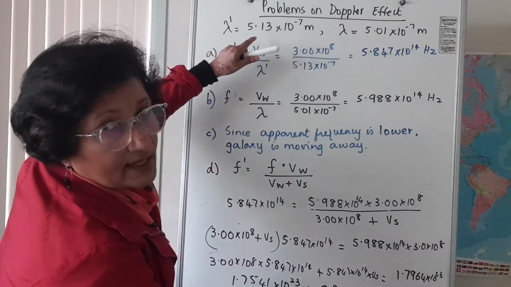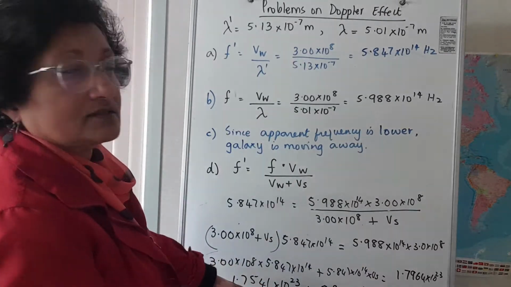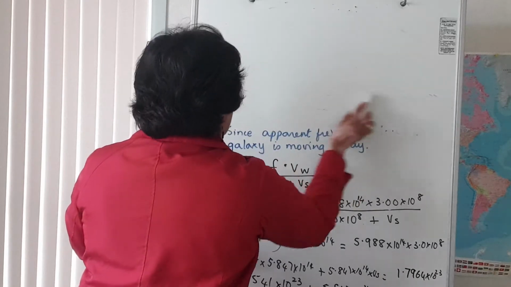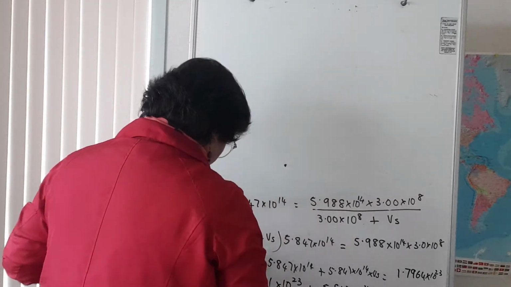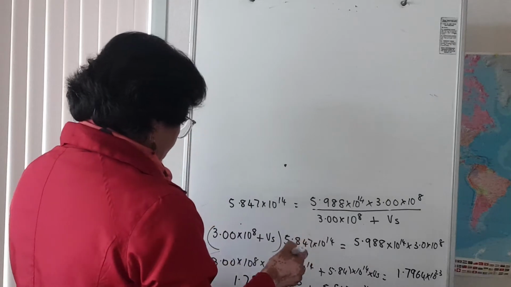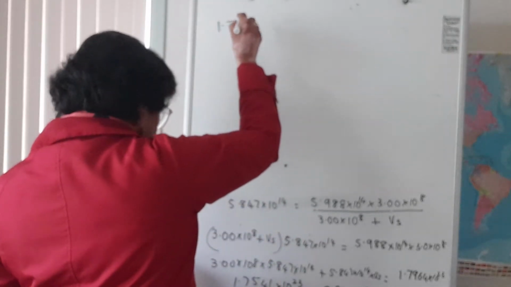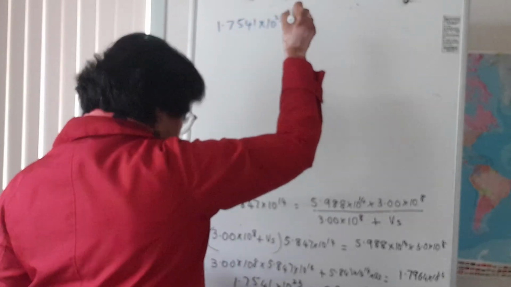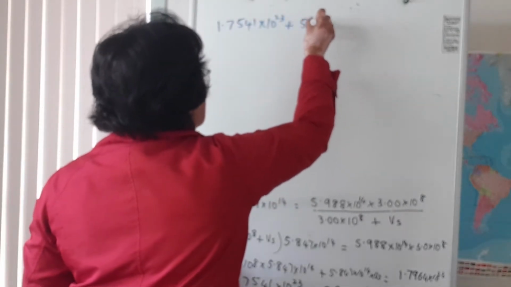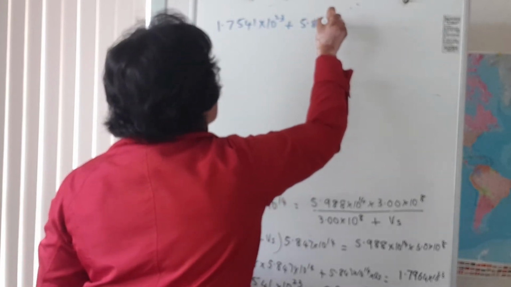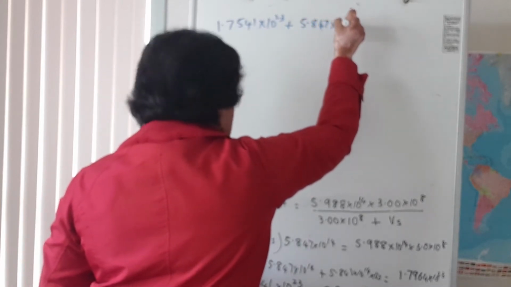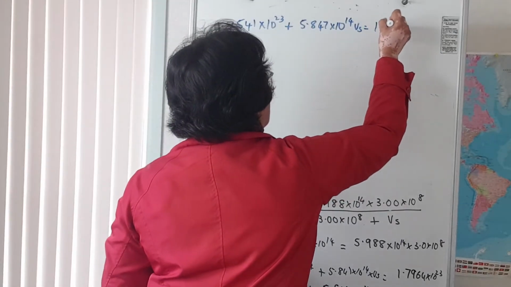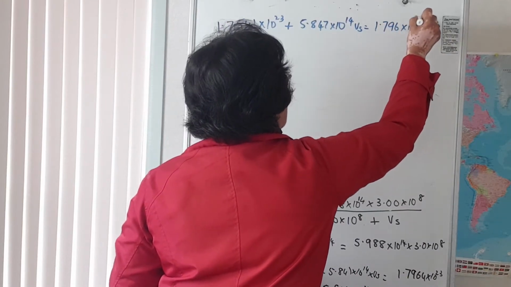Now I'm going to just transfer that up because I don't have any more place on my whiteboard at the bottom. So I'll just rewrite it here. Let's use a different color so you know. So what I have there is 1.7541 times 10 to the power of 23 plus 5.847 times 10 to the power of 14 times vs equals 1.796 times 10 to the power of 23.